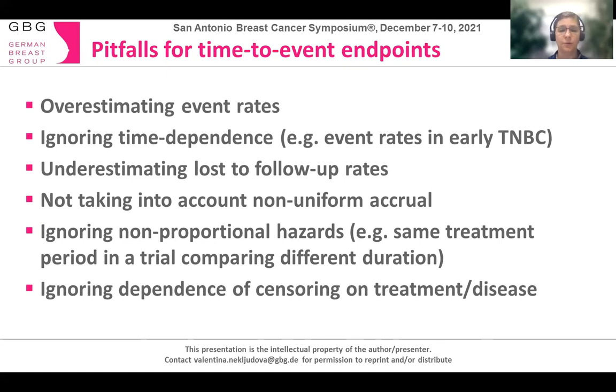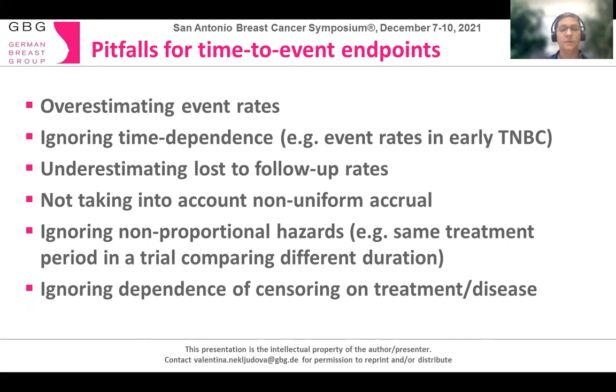Think about non-uniform accrual, because the patients you put on the trial later contribute less to the power of the trial. If you plan a trial for the duration question, never ignore that patients are treated with the same treatment for some time, and you cannot expect any difference in that time.